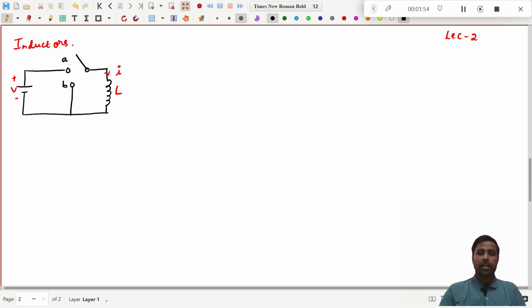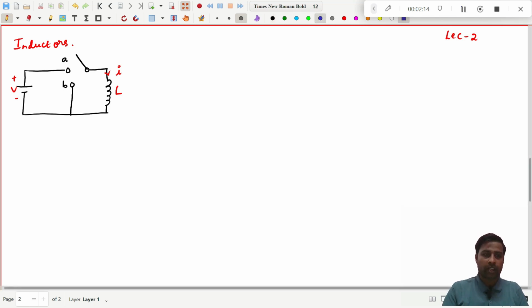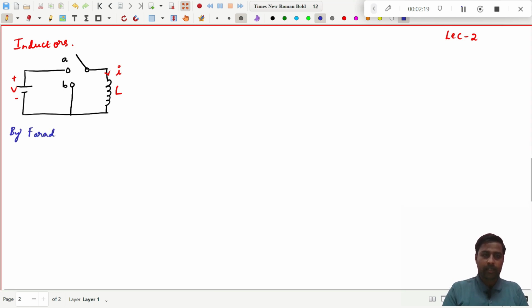First, if you want to understand what an inductor is, by Faraday's law of electromagnetic induction, what is the voltage across the inductor? That we can easily find using Faraday's law of electromagnetic induction.